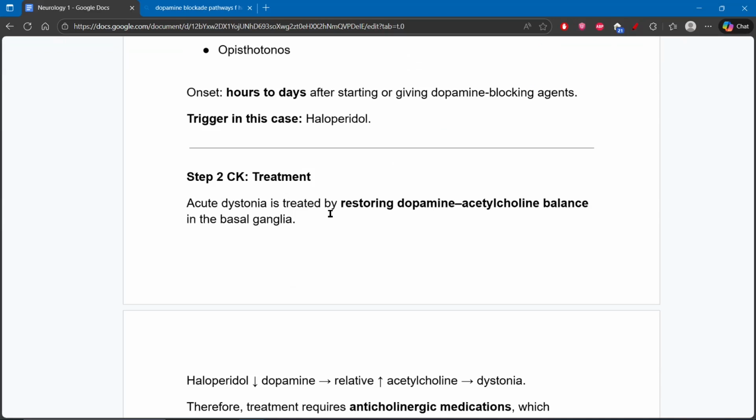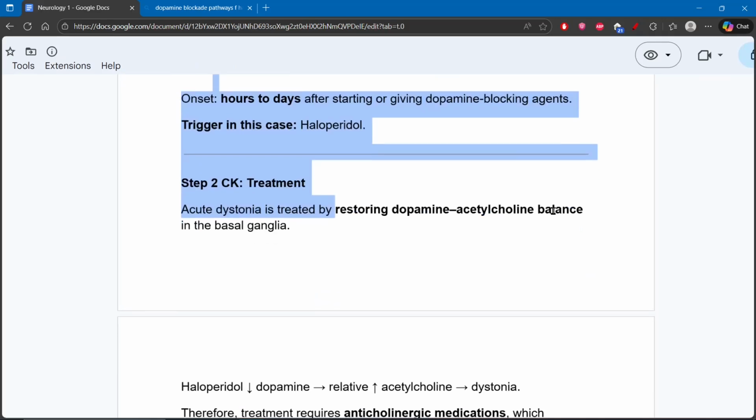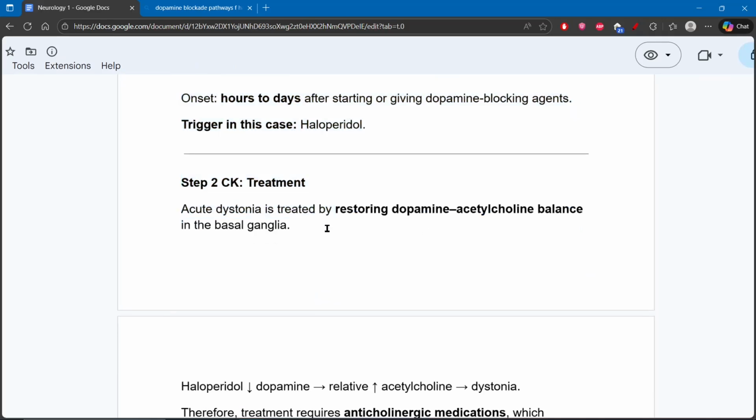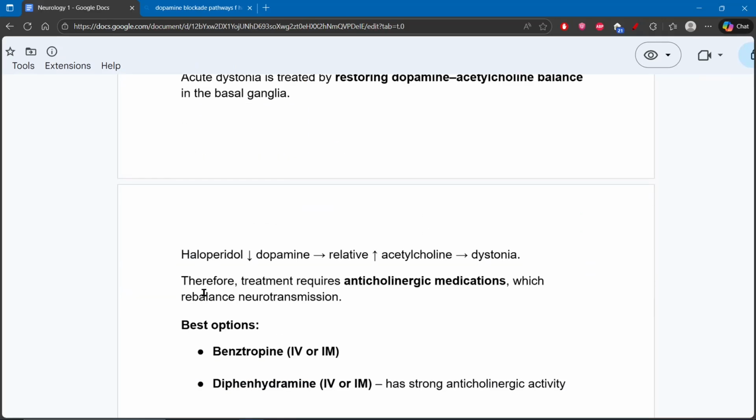The treatment for this is to restore the dopamine-acetylcholine balance in the basal ganglia. Haloperidol decreases dopamine and increases acetylcholine, which gives rise to dystonia, because acetylcholine is a neurotransmitter that increases the contraction of the muscles.